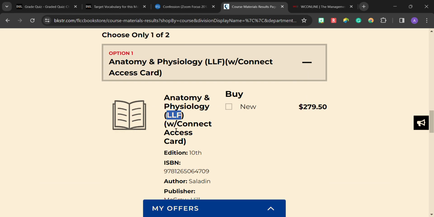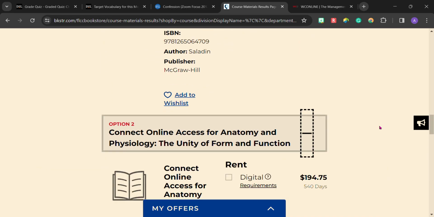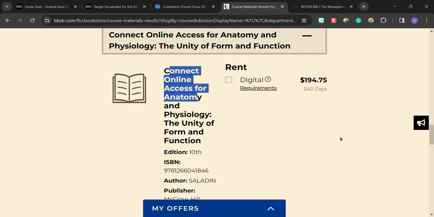So this means that you will be purchasing the access card that's required for the class, but you will also be paying the extra money to purchase a loose leaf physical book. Check out the price here of $279.50. And let's go down to the other option, option 2, which doesn't include the loose leaf book, but only includes the online access.